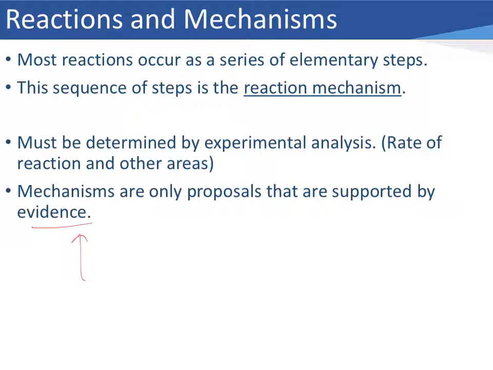The evidence that will support the mechanism the most is what we studied in the previous video, which is order of reaction with respect to specific reactants. So now we see why understanding order of reaction for specific species is important.